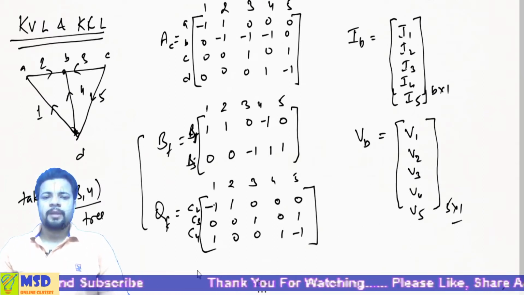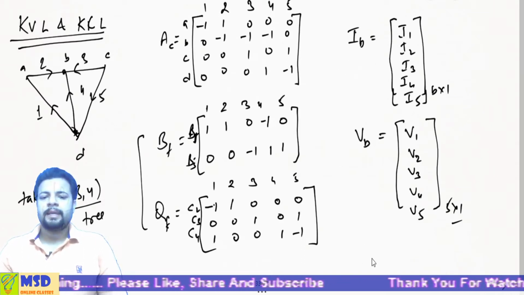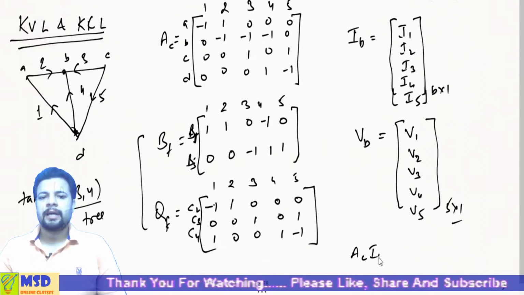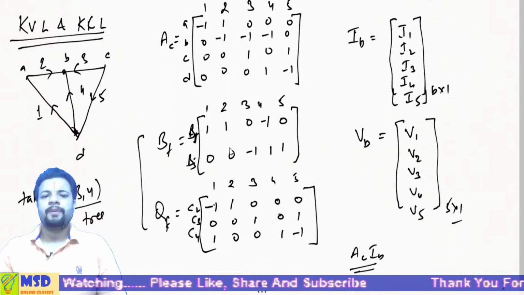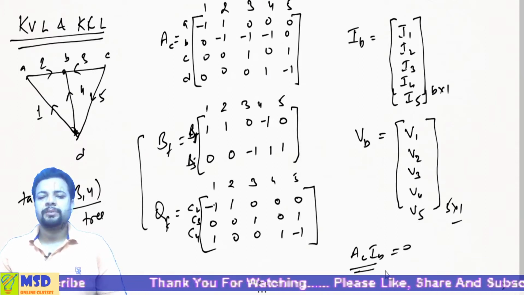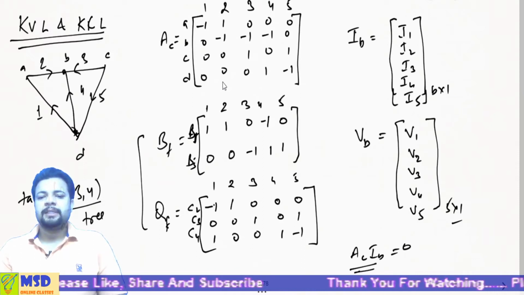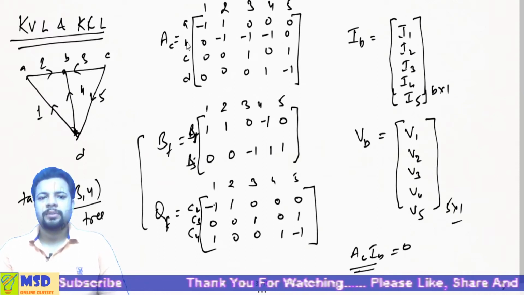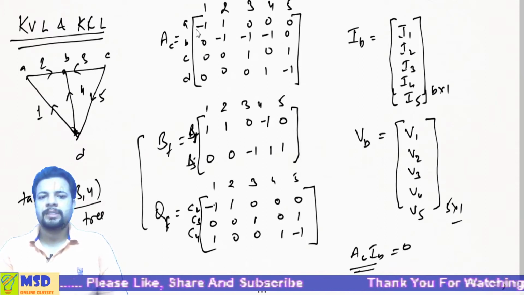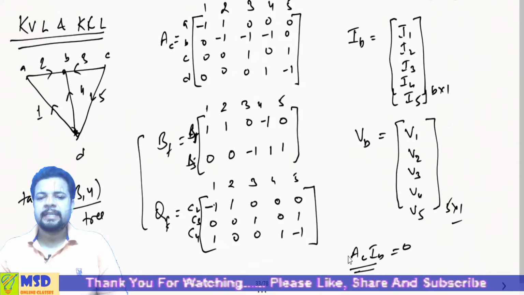Now see, first thing what I want to do is I want to multiply your AC matrix with IB, and then what we'll observe here is that it comes out to be equal to 0. You can do it on your own. Just see the multiplication of AC and IB.